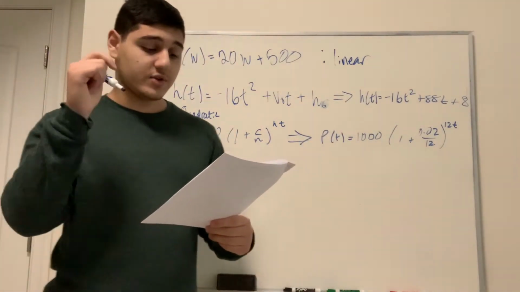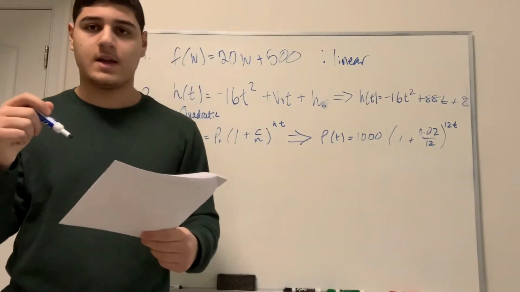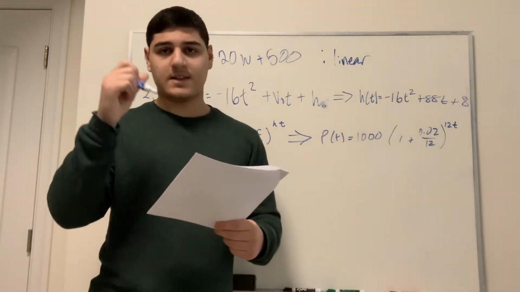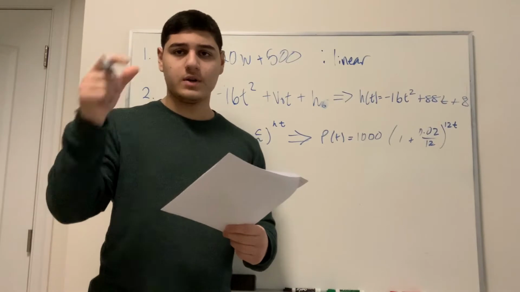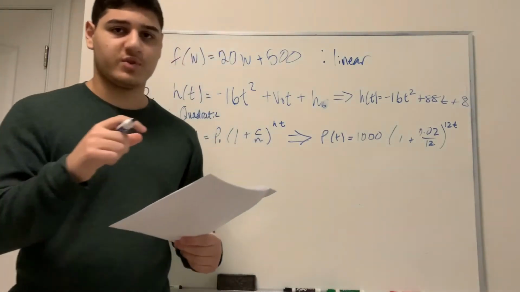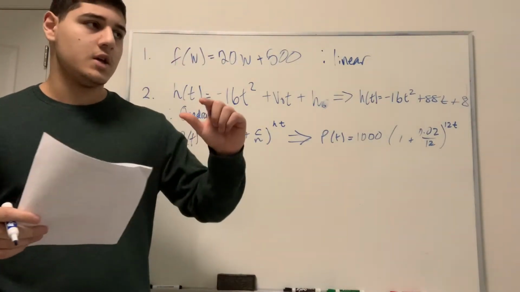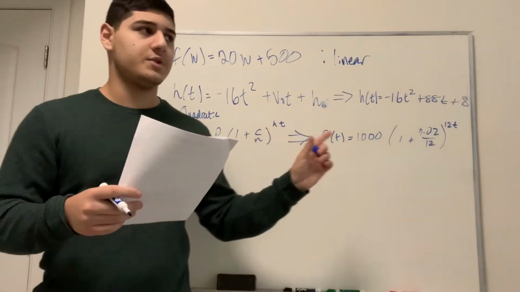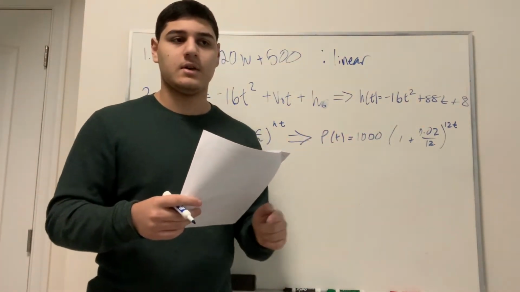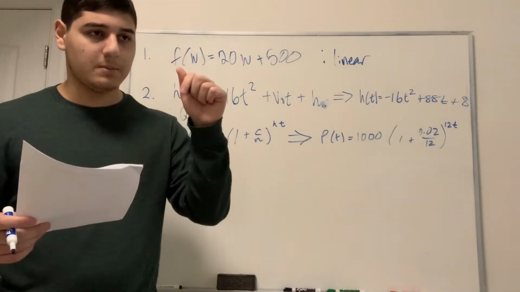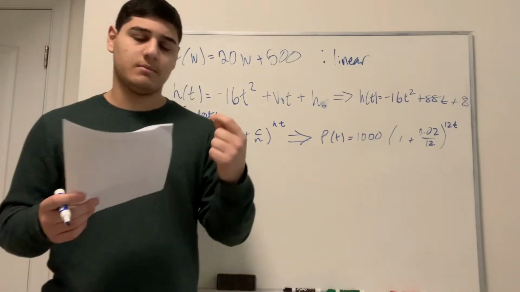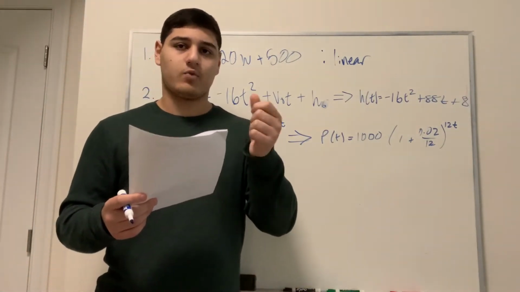Here there's a rate. It says that there's a 2% annual interest rate, so that means that after 1 year, the amount of money you started with increases by 2%. But it's compounded monthly, which means every month you're getting that rate.